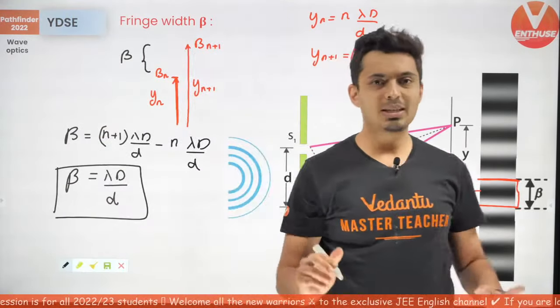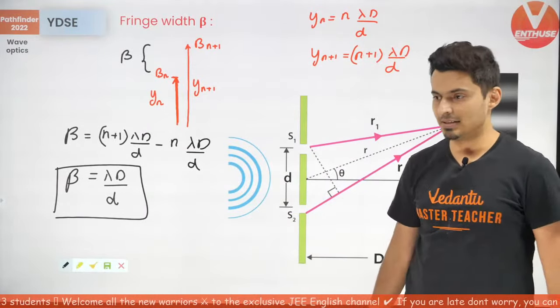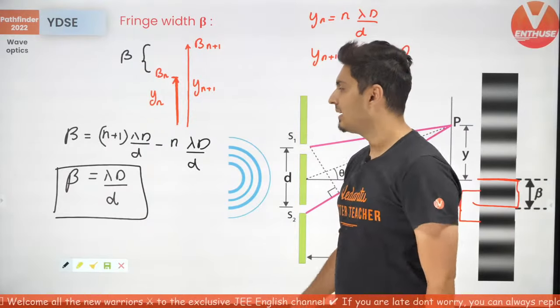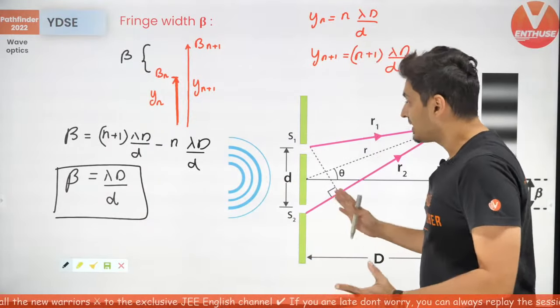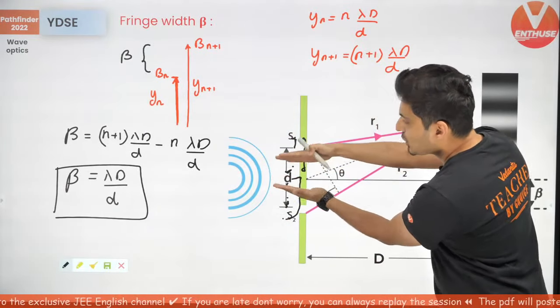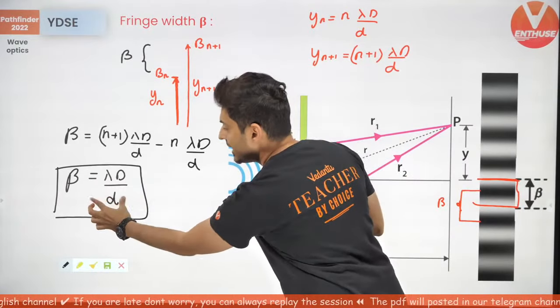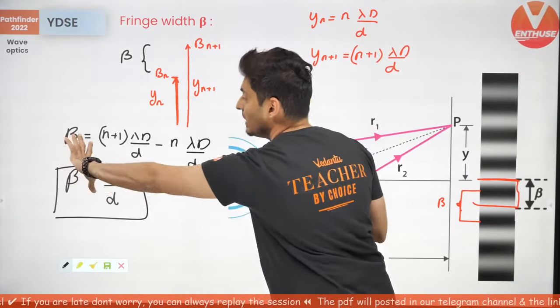So that's the value of fringe width. The value of fringe width depends on the wavelength, on the distance, and the distance between the slits. If you somehow narrow the distance between the slits, if d decreases, as the denominator decreases, fringe width will increase.